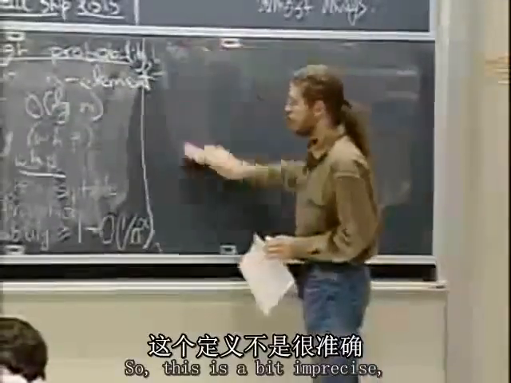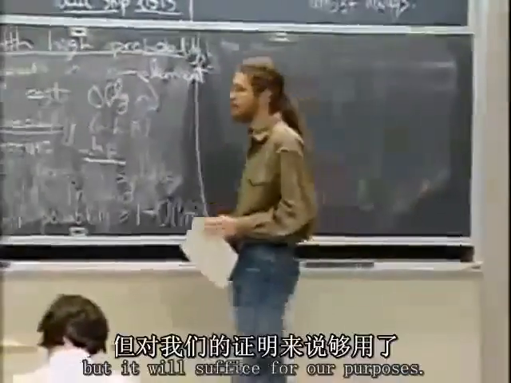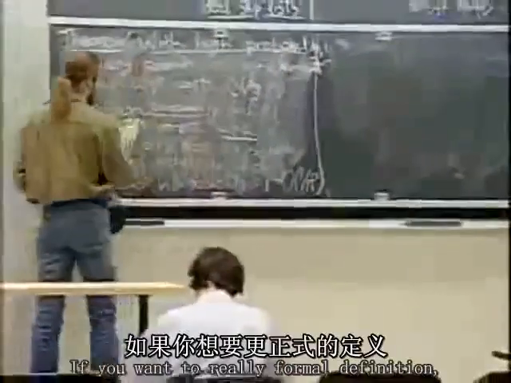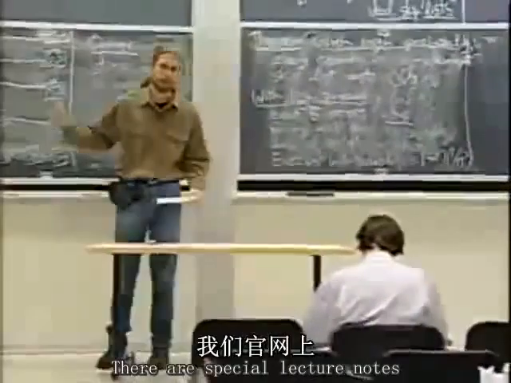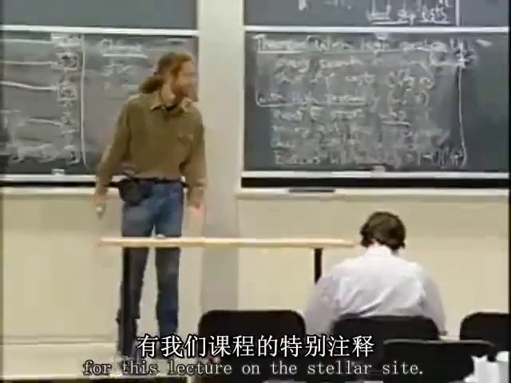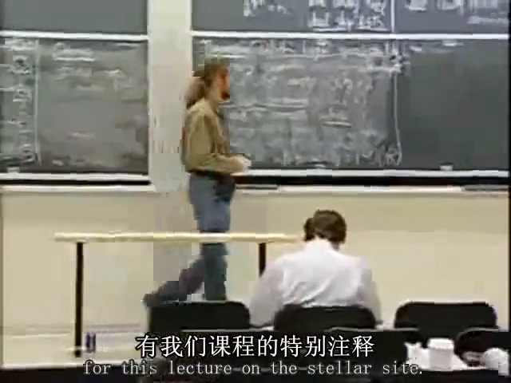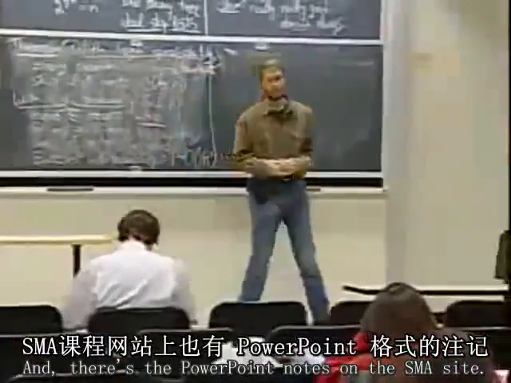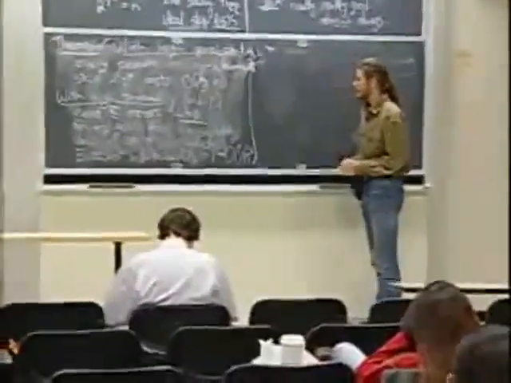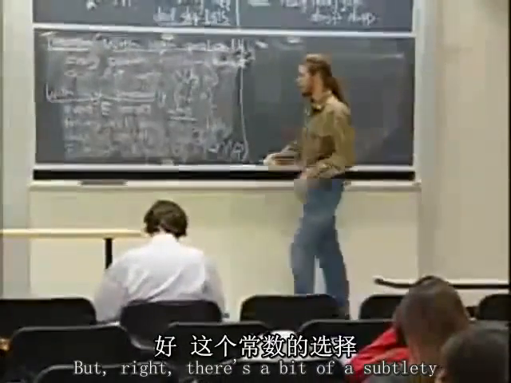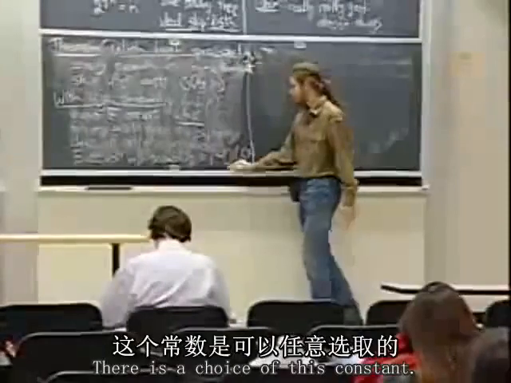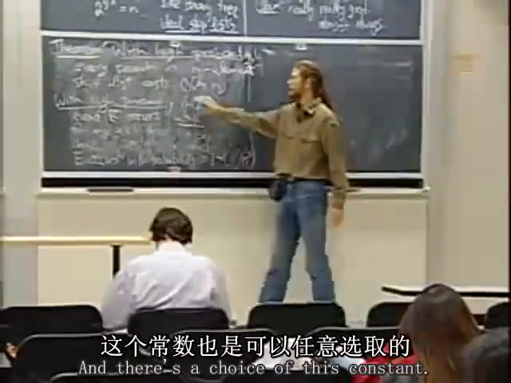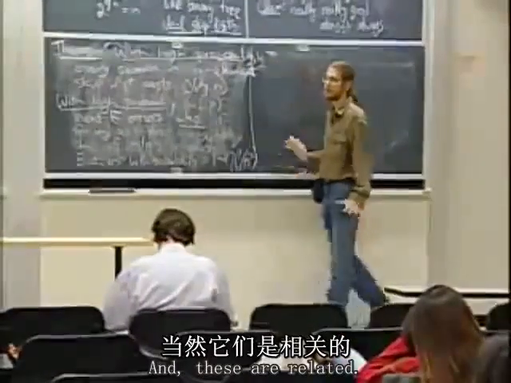So this is a bit imprecise, but it will suffice for our purposes. If you want the really formal definition, you can read the lecture notes. There are special lecture notes for this lecture on the Stellar site, and there's the PowerPoint notes on the SMA site. But this is right. There's a bit of a subtlety in the choice of constants here. There's the choice of this constant, and there's the choice of this constant, and these are related.